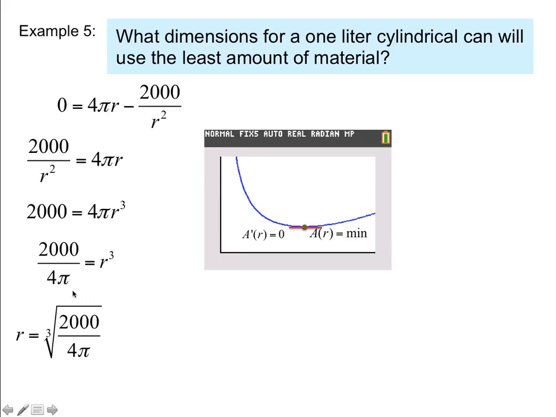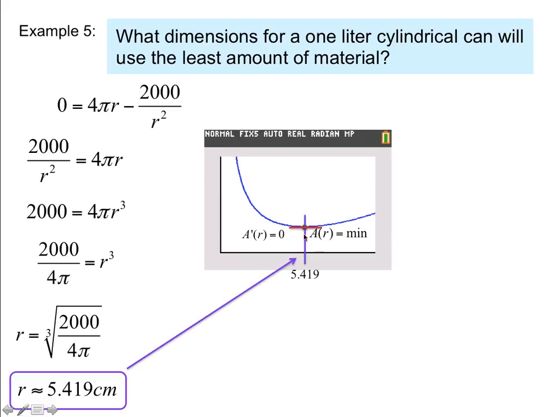So obviously this is a calculator question at this point. So we're going to go ahead and put that into our calculator. We're going to get a radius of 5.419 centimeters. So that's this location on the graph. That's 5.419 centimeters, okay? And that's going to minimize my area. In other words, minimize the amount of material I need to use.